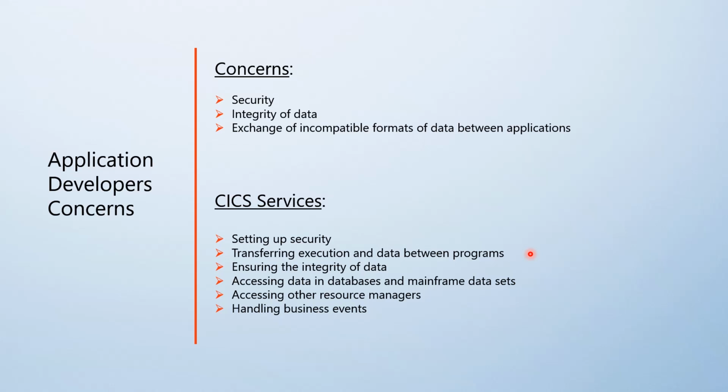CICS also ensures the integrity of data by using the commit and backout methodology implicitly, and it provides explicit API commands like syncpoint and rollback, so you can ensure the integrity of data. Another service provided by CICS is access to information stored in a database and in a mainframe dataset.